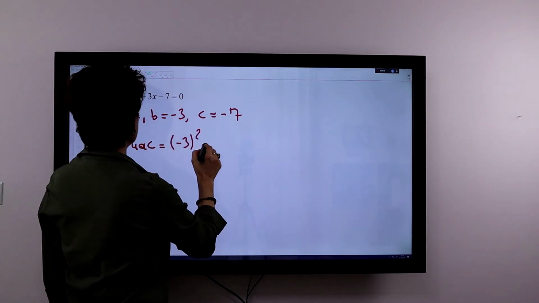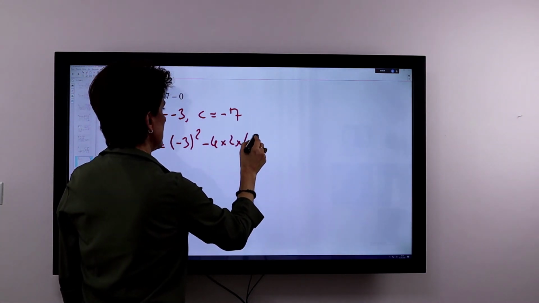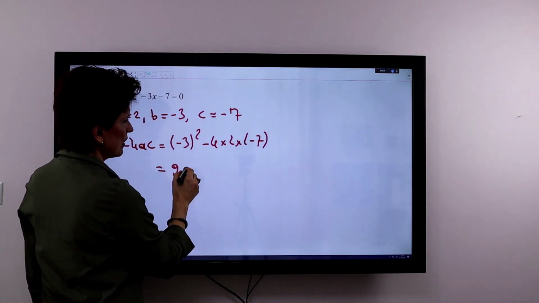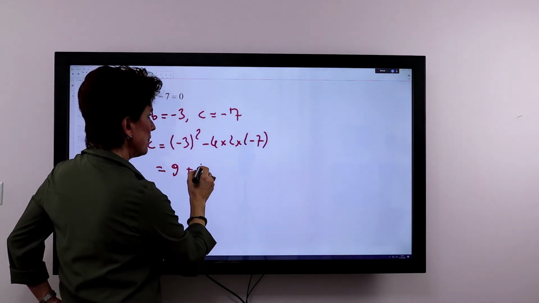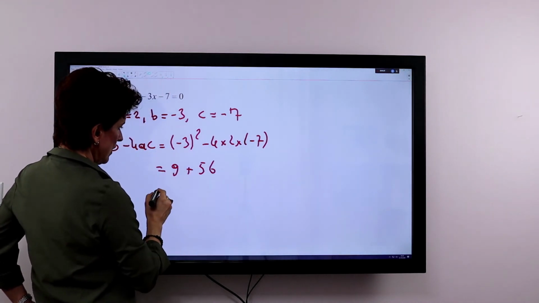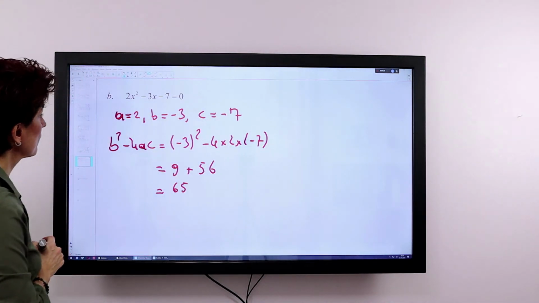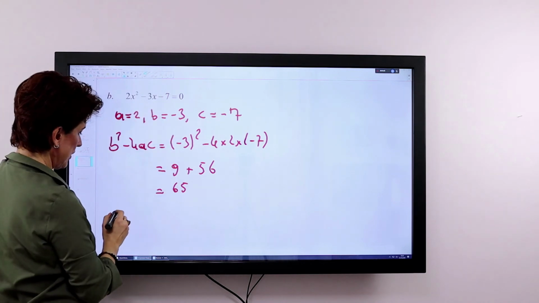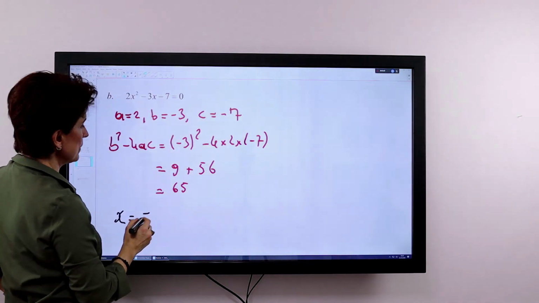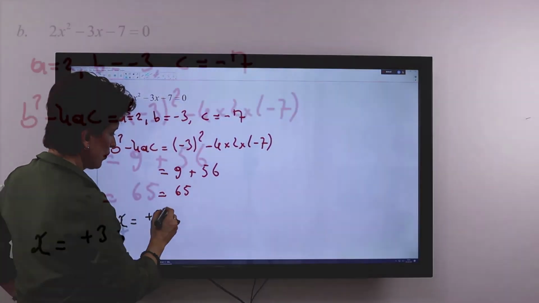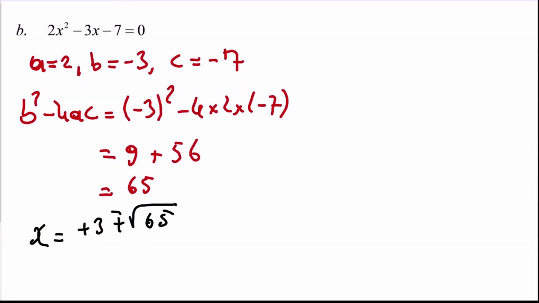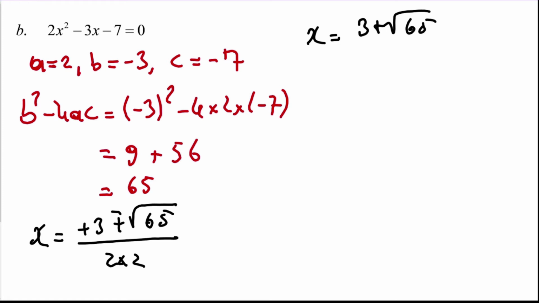Negative 3 squared, minus 4 times 2 times negative 7, is 9 plus 56, which is 65. Yeah, 65. Okay, what is the x value here? x is negative b, which is positive 3, plus or minus the square root of 65, over 2 times 2, which is 4.